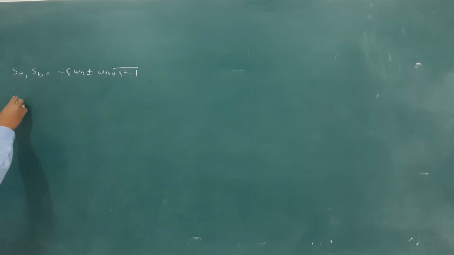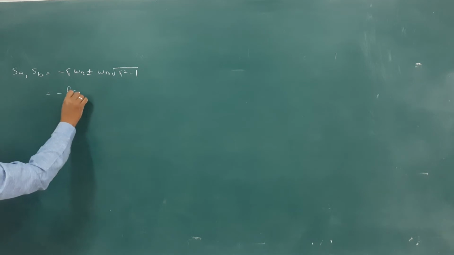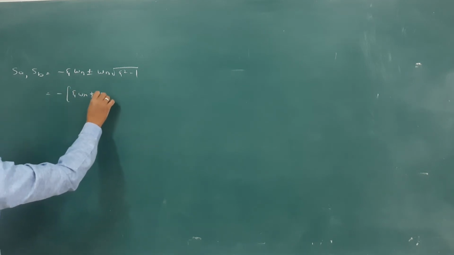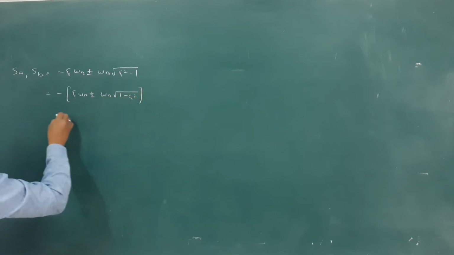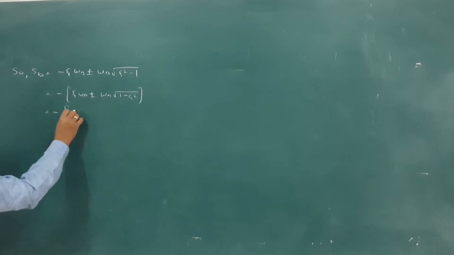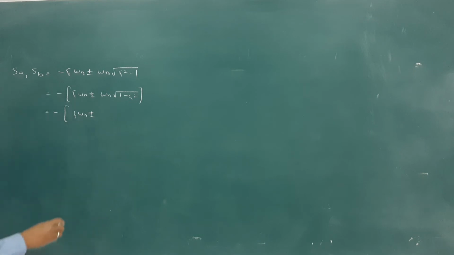Now if you do this, minus zeta omega n plus or minus square root of 1 minus zeta square, it will become minus zeta omega n plus or minus omega d.